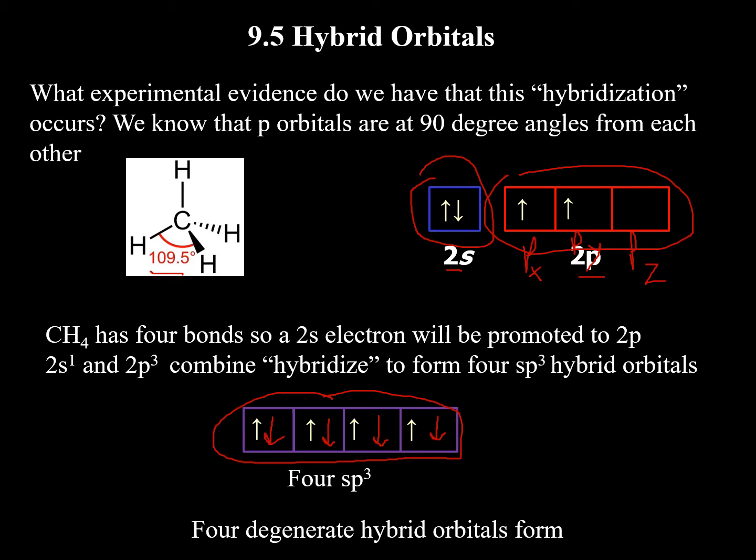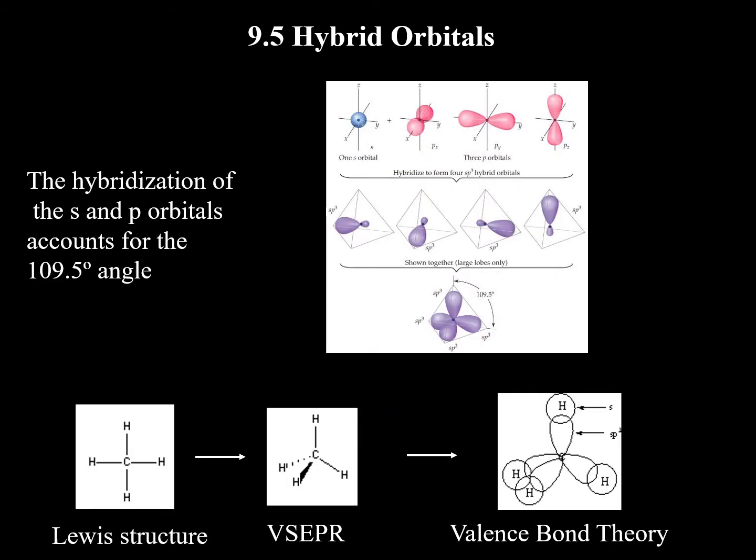We see experimentally that it's 109.5. So one way to explain that is through these degenerate, equal-energy hybrid orbitals forming. Again, a nicer picture: the 3 p orbitals hybridize with the s orbital to give us these purple sp3s. So there are 4 sp3s.